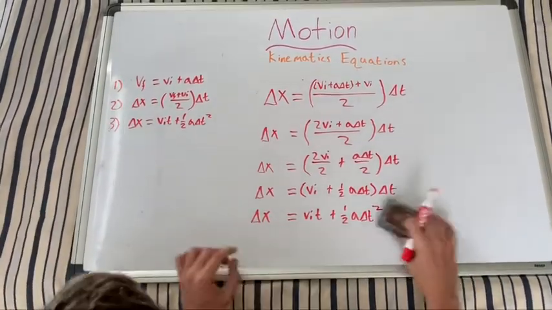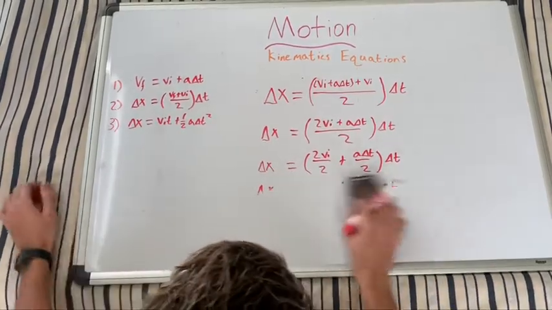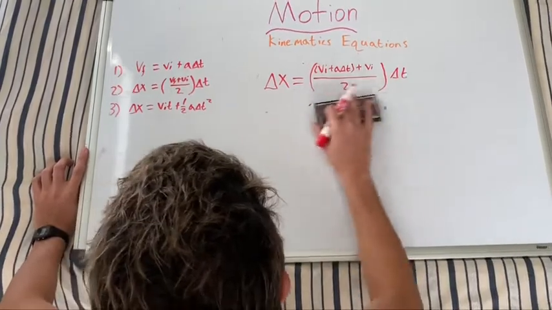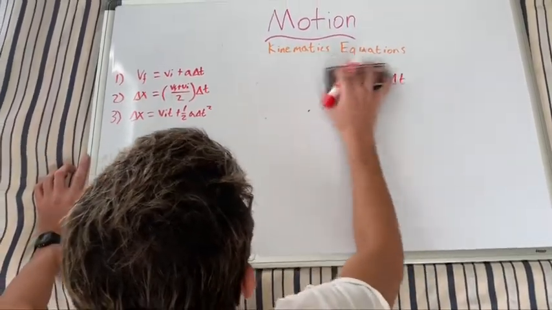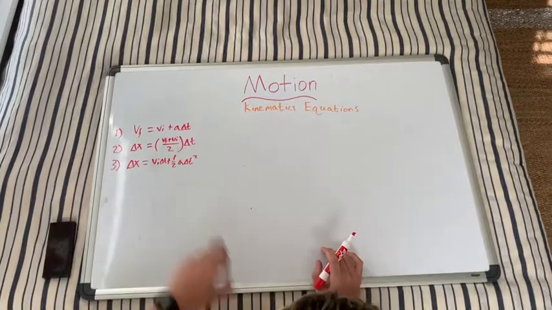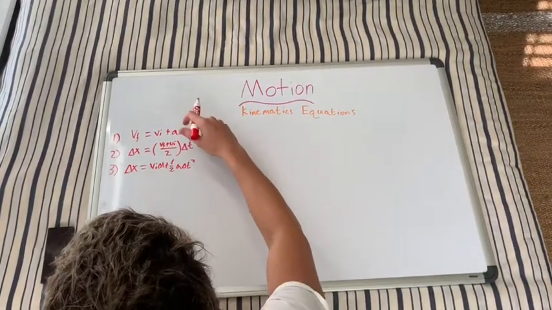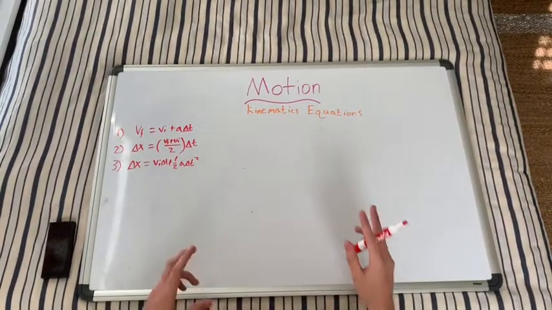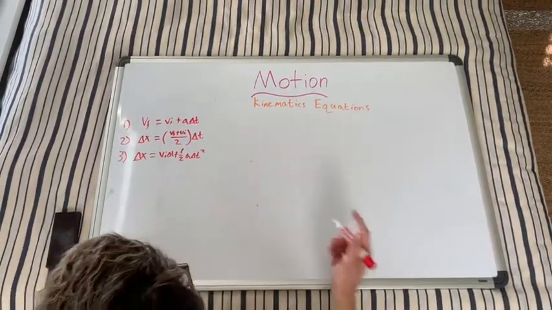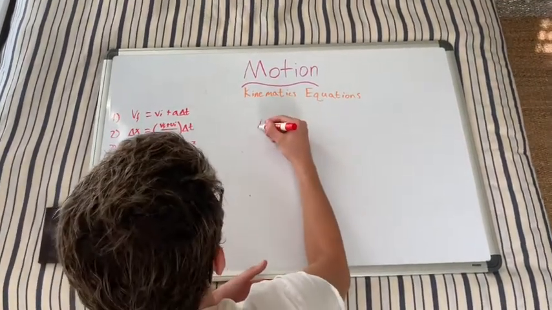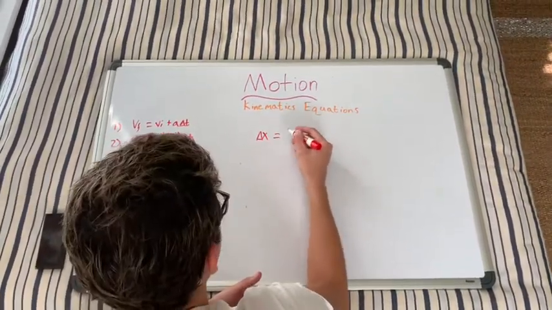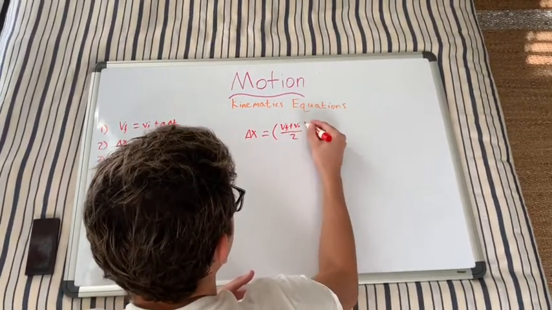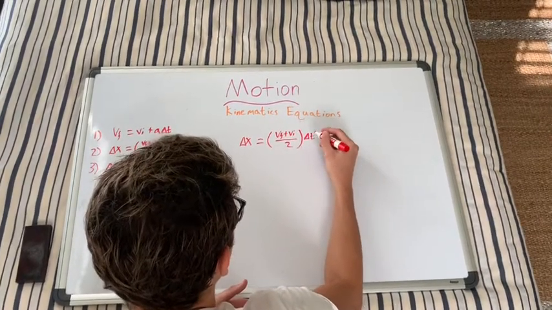So we have 3 equations so far, and then we're just going to derive the 4th and final equation. It's a similar process to how we got the 3rd equation. We're going to use these 2 equations once again to derive the 4th and final kinematics equation, the special timeless equation. Let's start with the 2nd equation: delta x equals vf plus vi over 2 times change in time.